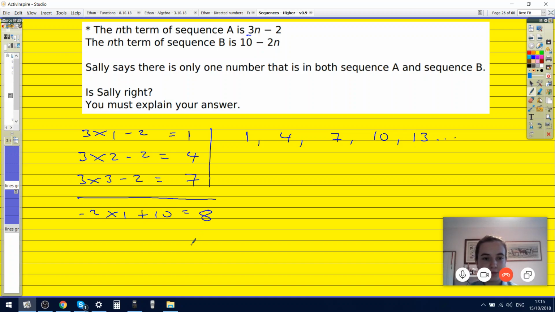And then minus 2 times 2 plus 10 is 6. And how much did it go down by? 2. Yeah, and that's because it's minus 2 each time, so it's gone down by 2. So what will this sequence be? 8, 6, 4, 2. Okay.